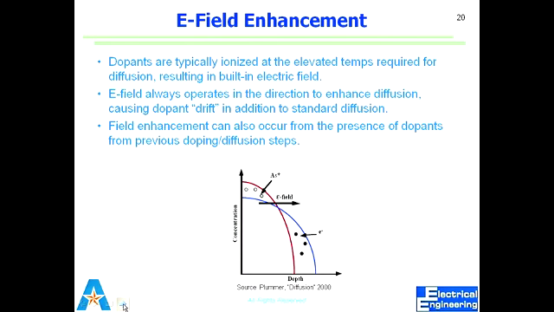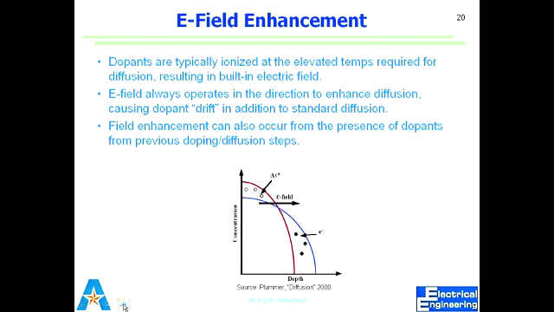So E field enhancement is you have the built-in electric field, and that would cause dopants to not just travel under the concentration gradient, but also under the electric field, which is helpful. So now they can travel further.